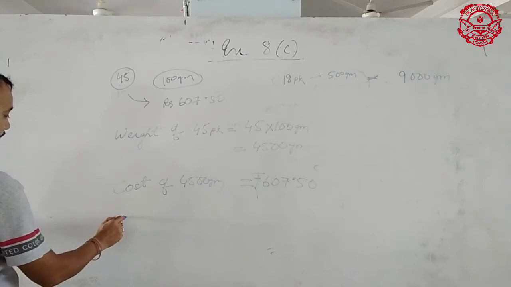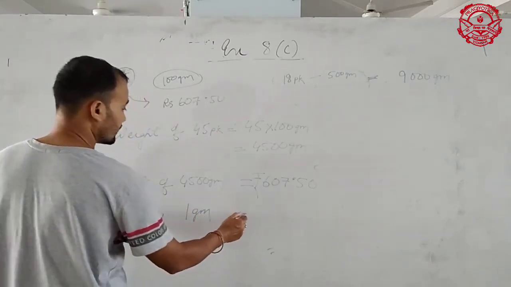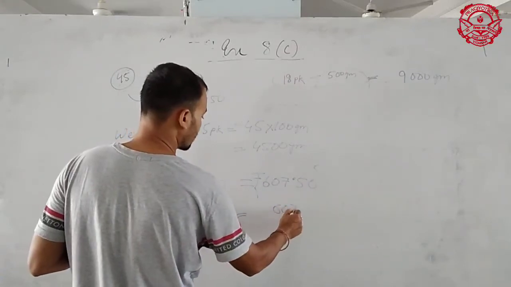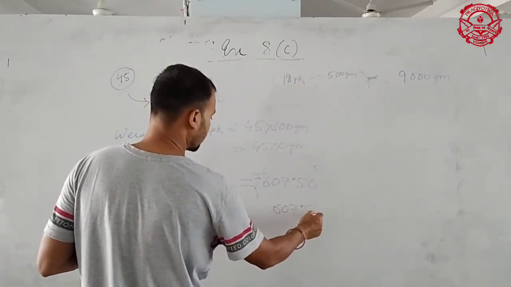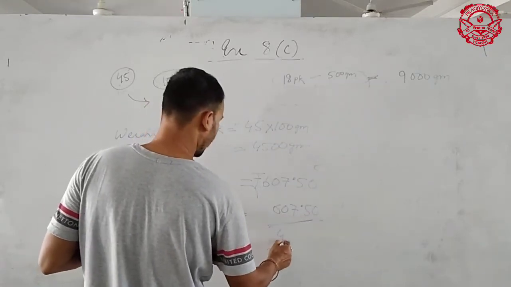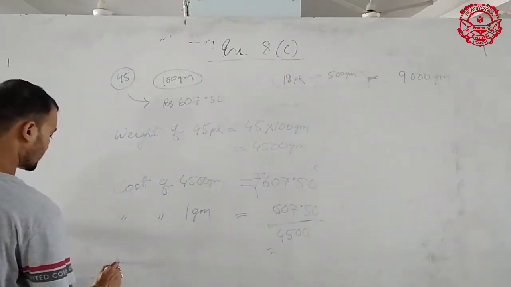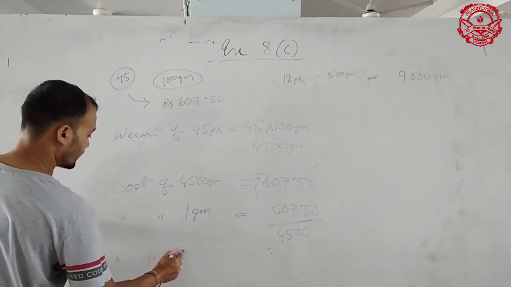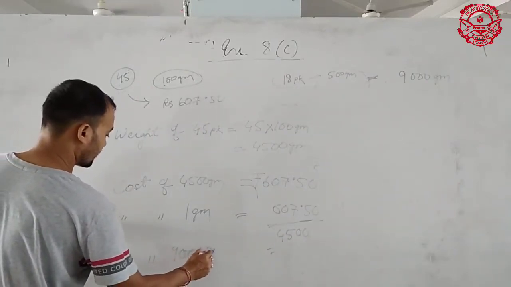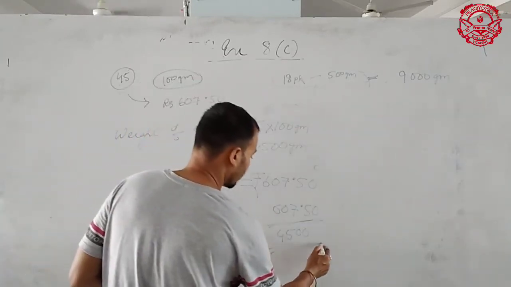Therefore cost of 1 gram we calculate equal to 607.50 divided by 4500. Cost of 900 gram. Okay, 900 gram equal to, this will be multiply this.